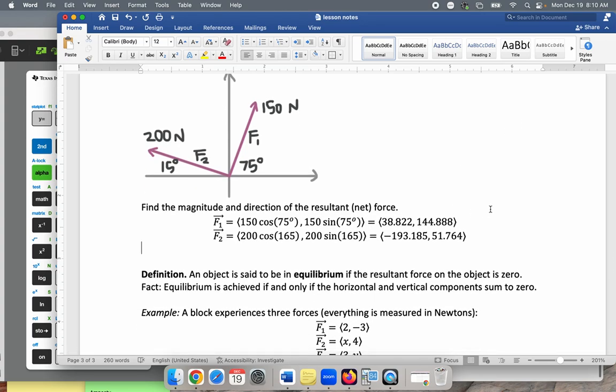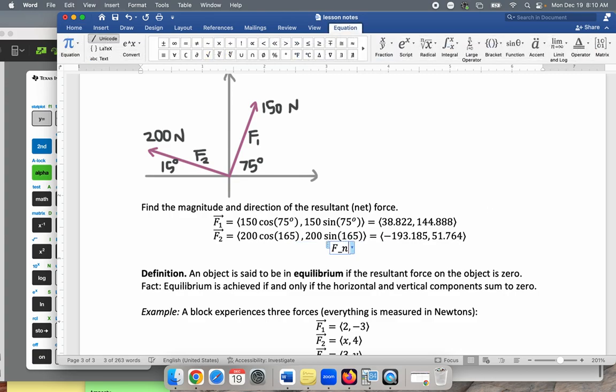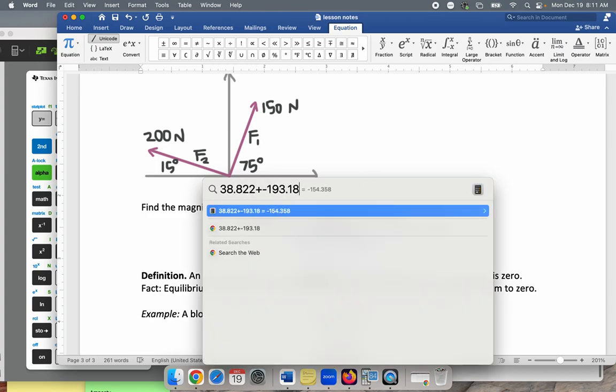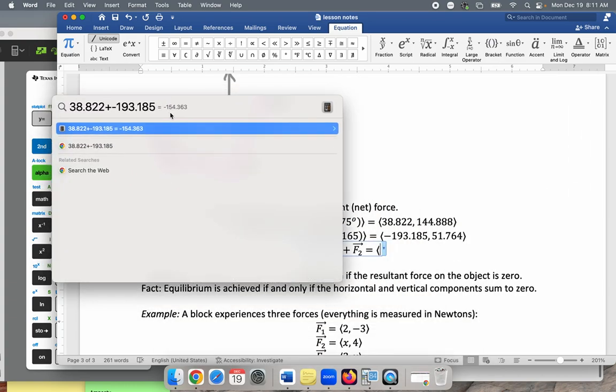And so now we can add these two vectors together. And so F net, in other words, the net force, the total force that's a result of the two forces acting, is going to be the vector sum of these two, right? It's going to be F1 plus F2. And that's very easy to do in horizontal and vertical form. So this is going to be 38.822 plus negative 193.185, I think it was, right?